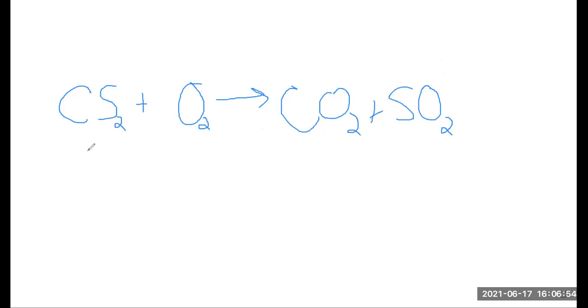So my first attempt at balancing this is to go back and make a correction to my oxygen molecules. I'm going to put a coefficient of 2 out in front of my oxygen molecule, and that will solve some of my problems.